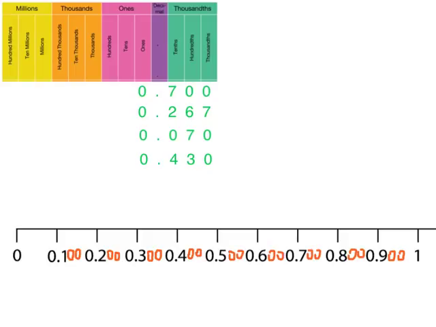So now that my number line is divided into thousandths, I can easily put my numbers on there. So the first number, the smallest one that I can see from my list, is 70 thousandths. 70 thousandths would go approximately there on my number line. So let's move it down to there. Next, I would have 267 thousandths, which would go approximately over here on my number line.